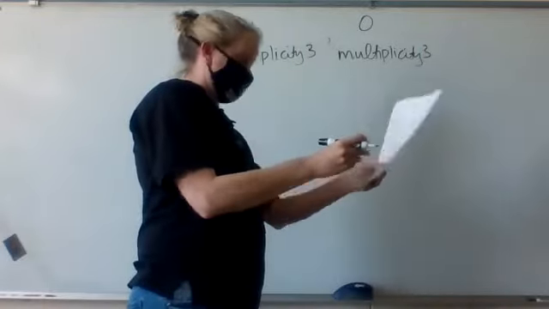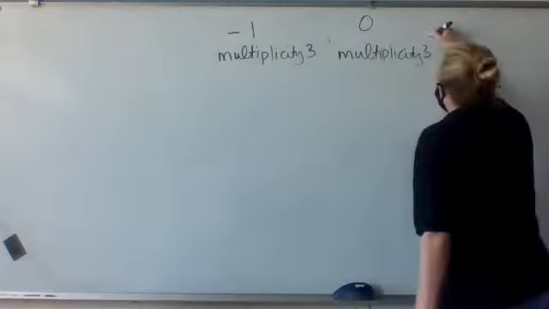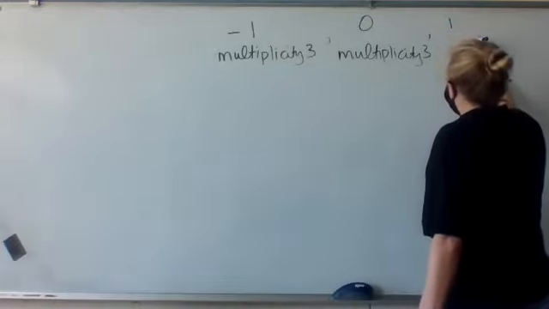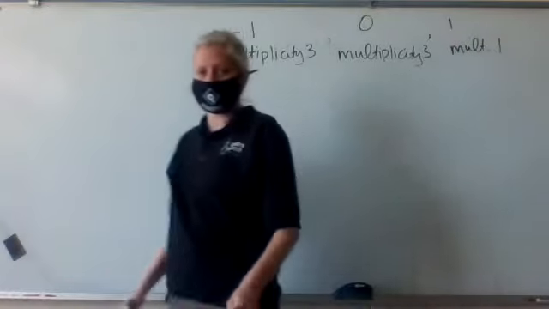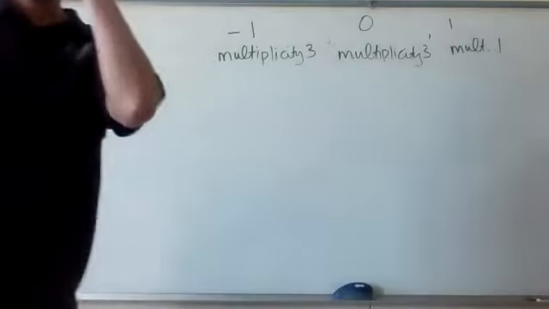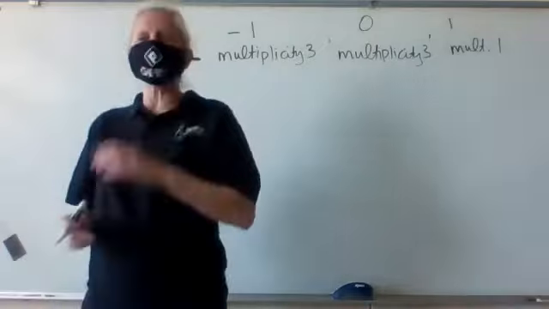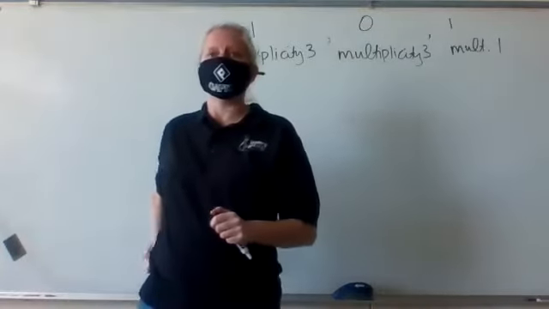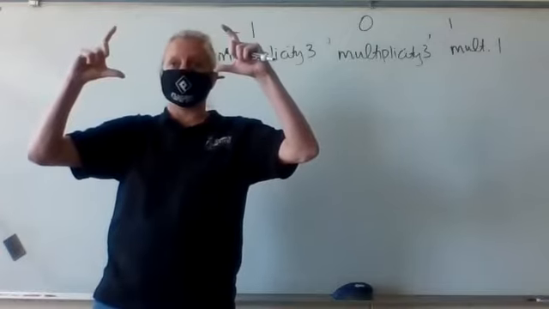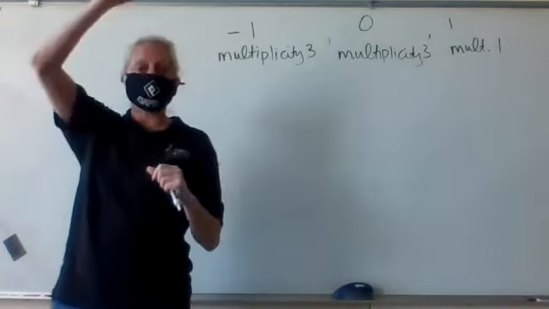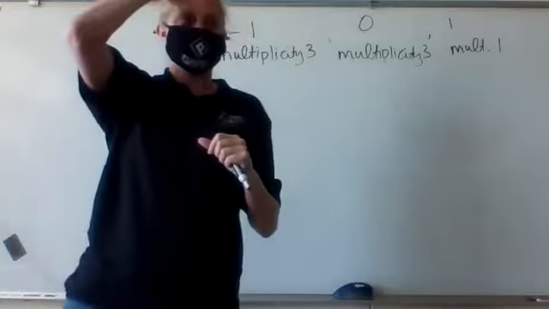And 1 as a 0 of multiplicity 1. Now, remember where your multiplicity numbers go. They're the little exponents above the factor, right?